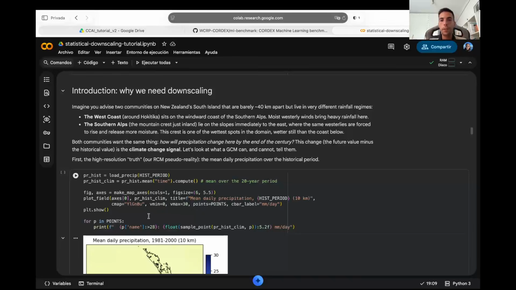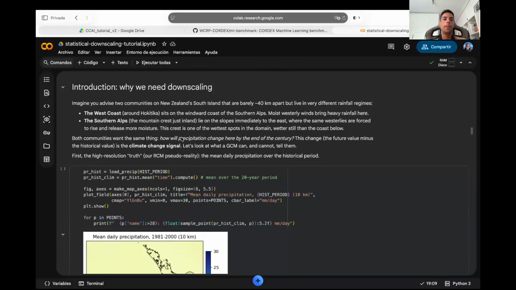So before training the deep learning models, I thought it was interesting to show you what statistical downscaling is and what we aim for with it by playing with a little use case.